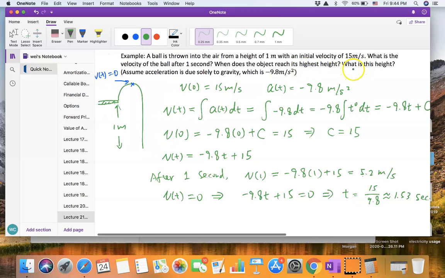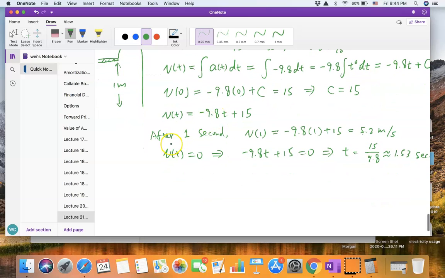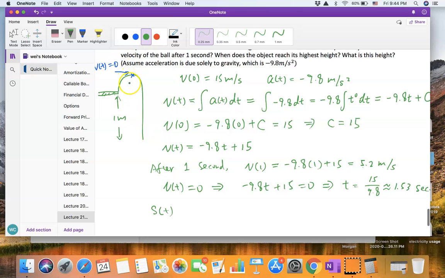And then to determine what is this height, we need to know the position function first. Because once we have the position function, then we plug this number 1.53 into this function. It will tell us what is the position, in other words, what is the height at this time.